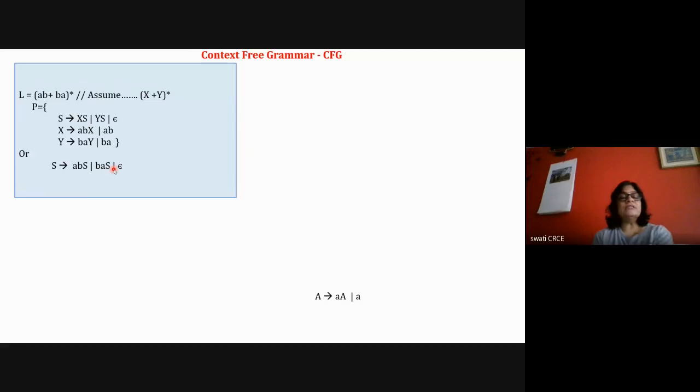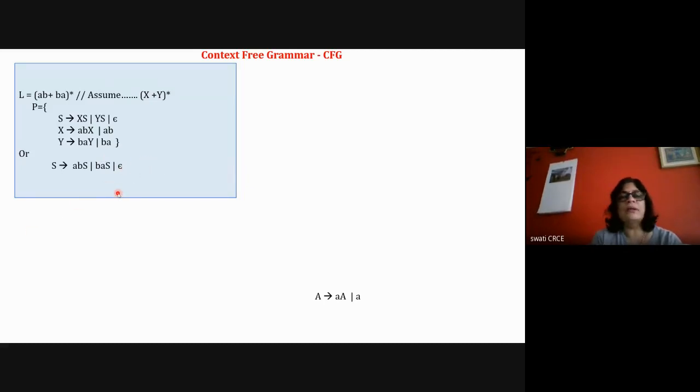Okay, so in the simplification of context-free grammar problems, you simplify the grammar and you remove the extra variables, and it will be an optimized solution for the given problem. Okay, so for this particular context-free grammar, this can be the answer, that ABS or BAS, either AB generated or BA generated, or it can be an epsilon symbol.